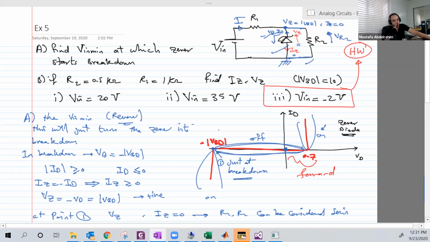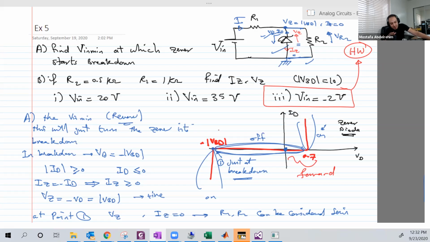You can't make the comparison anymore. So to give you a hint, you need to determine the minimum input voltage required for the zener in forward in order to make it conduct in forward. Then you can compare. Okay?